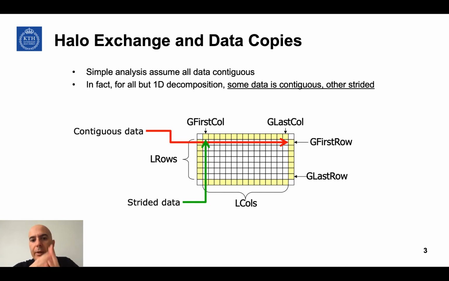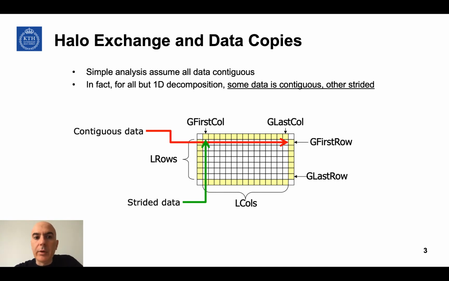When we have the data organized in our subgrid, some of the data will be contiguous in memory, but other data will not be contiguous, right? So there will be a stride. If we have a two-dimensional array storing the data for our two-dimensional grid, some data can be sent contiguously, but some data we will need to send with a stride.